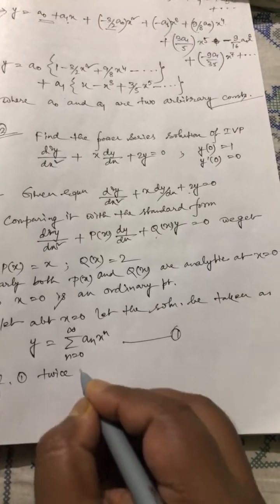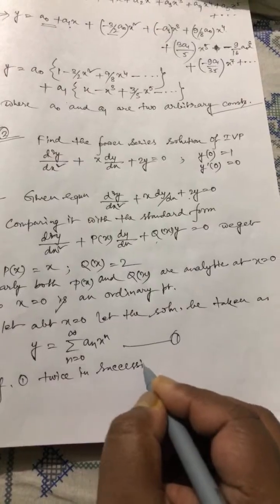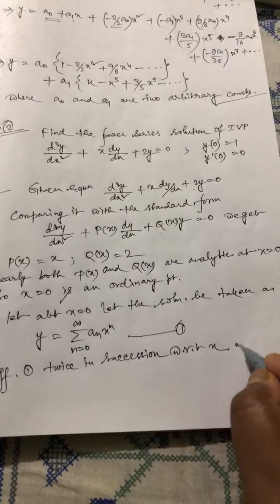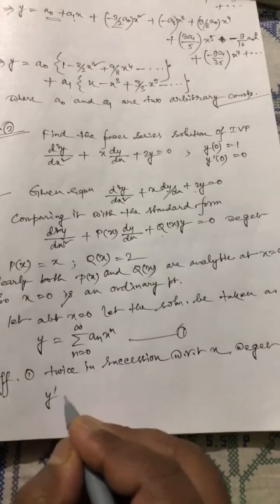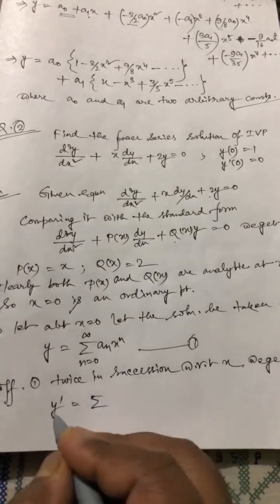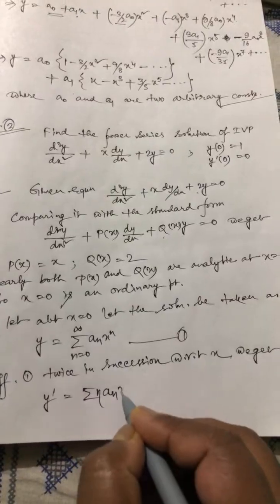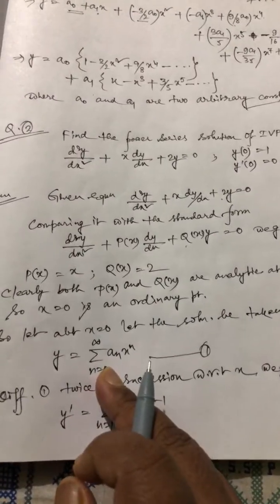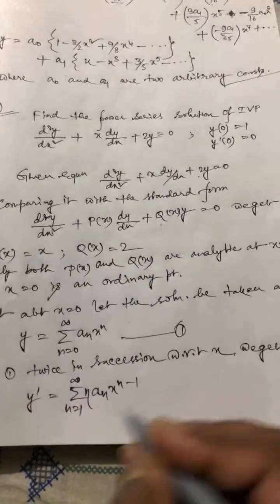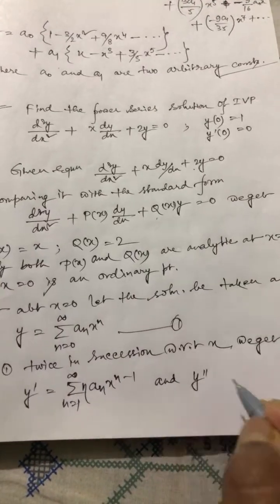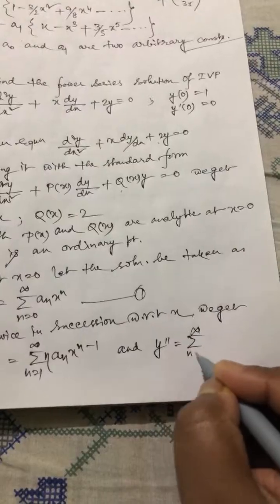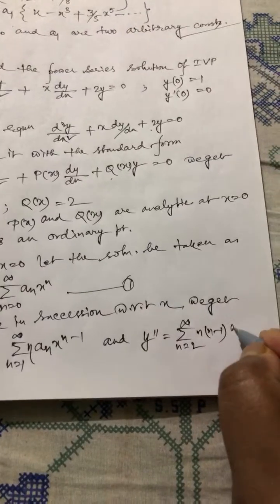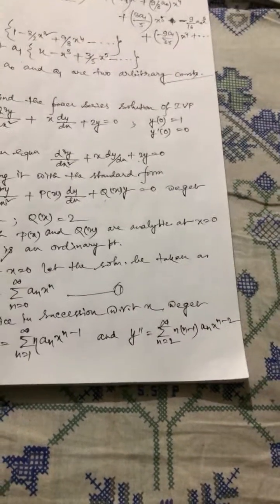Differentiating 1 twice in succession with respect to x, we get, I hope all of you can understand, y dash should be summation n a n x to the power n minus 1, n varies from 1 to infinity, because 0th term a naught will be vanished, and y double dash will be summation n equals to 2 to infinity n into n minus 1 a n x to the power n minus 2.